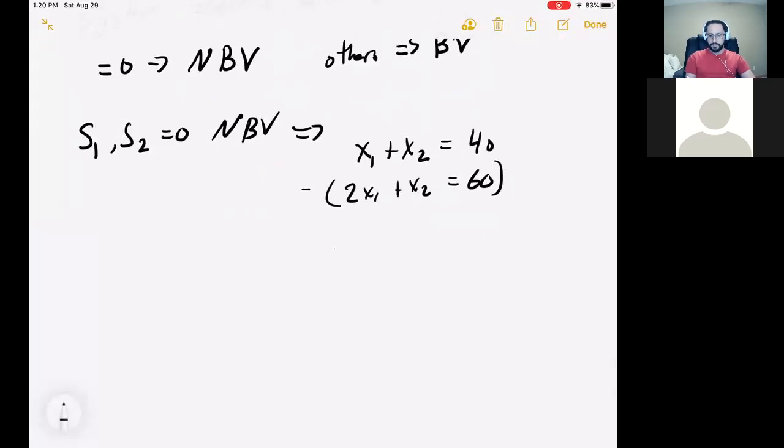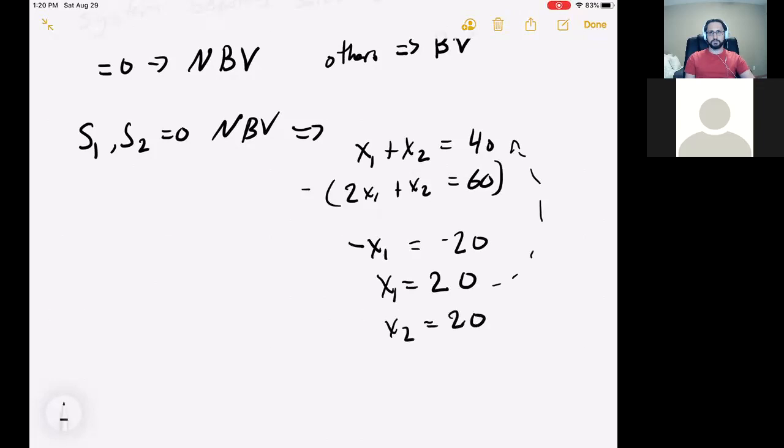So x1 minus 2x1 is minus x1, x2 and x2 cancel, 40 minus 60 is minus 20, creating x1 equals 20 as one of the other values. Don't forget to back substitute to find the other. That creates x2 equals 20.